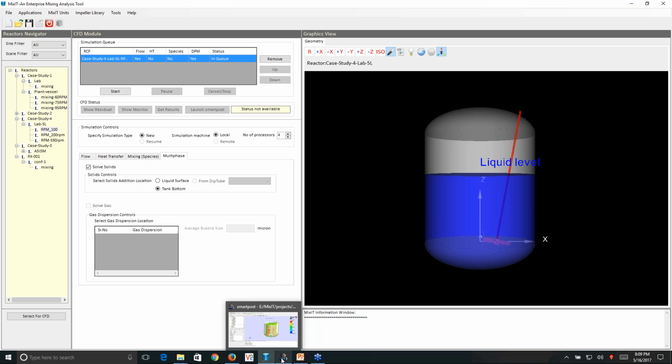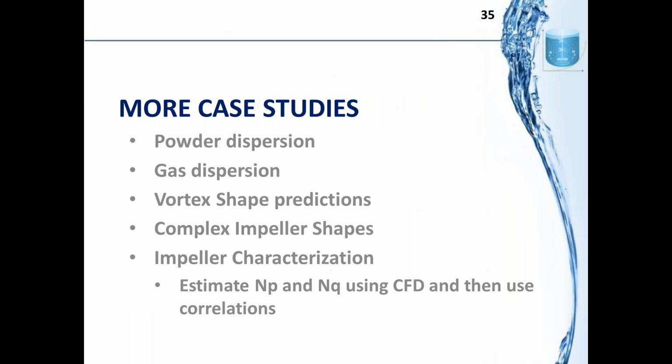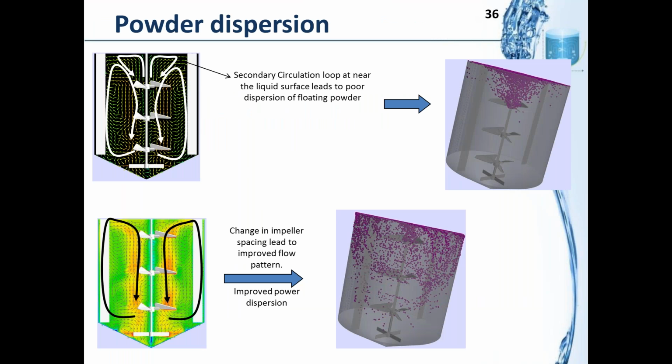There are many more case studies which I can highlight, in terms of what more analysis can be done using the Mixit software. One such case study we performed for one of our clients: the problem was that for a given configuration, there was not a good dispersion of the light powder, the powder having density less than the liquid.